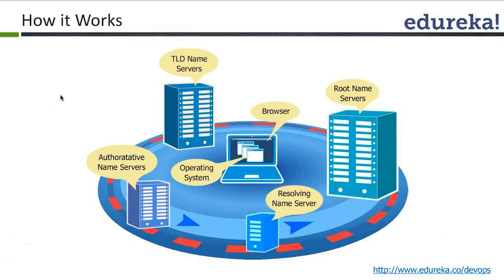So we have moved from your dot. When you type, it goes to the dot server. From the dot server, it goes to the .com server. Now in the .com server, there is a pointer to where Google's DNS server is.